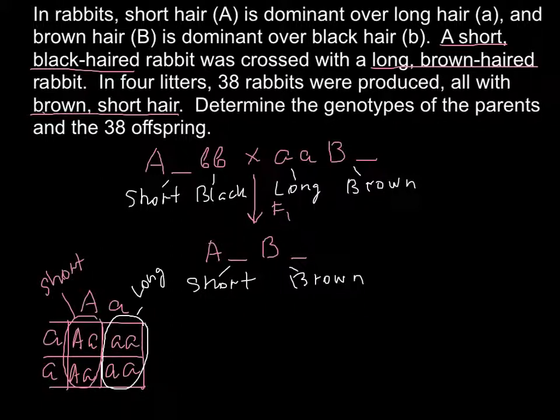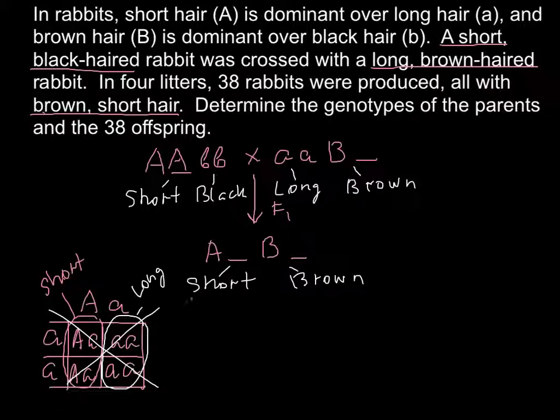And we were told that all the progeny have short hair, and if we have one parent that is heterozygous here, we would have 50% of the progeny with long hair. So we have to eliminate this possibility, and we have to say that this parent is homozygous dominant for the second allele.